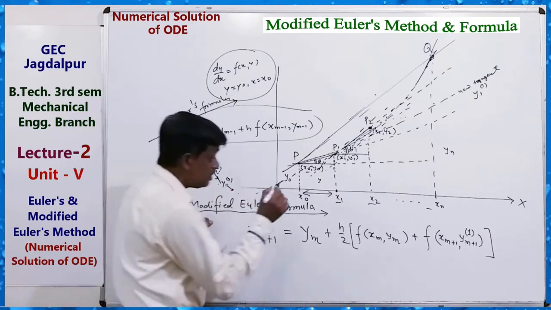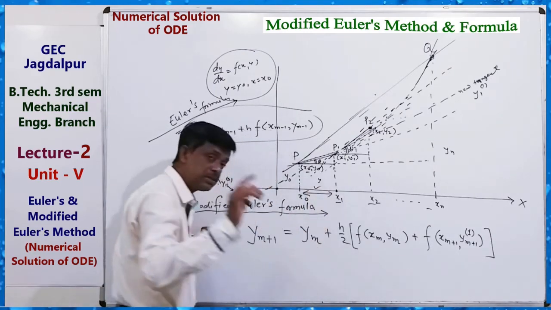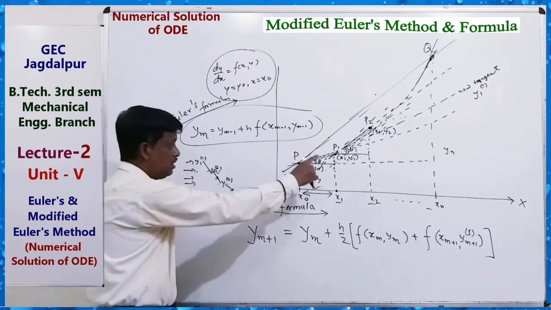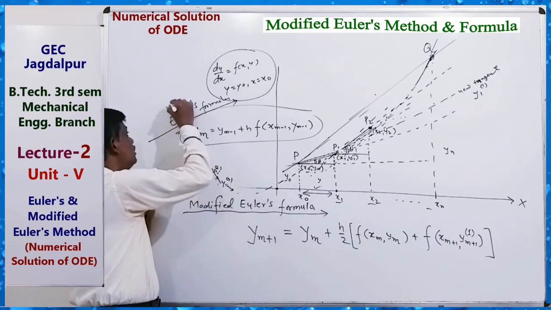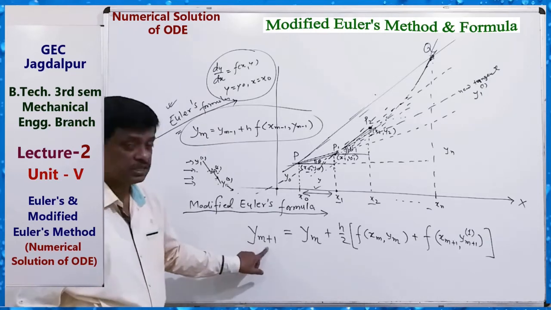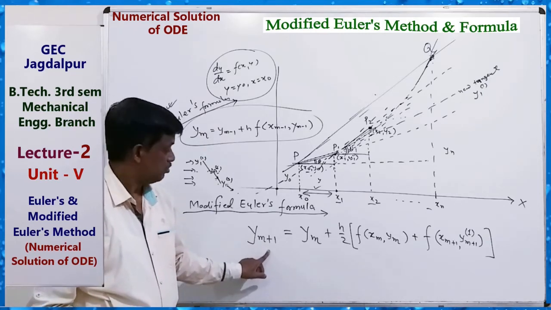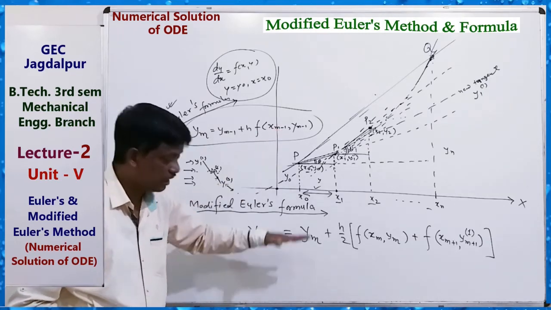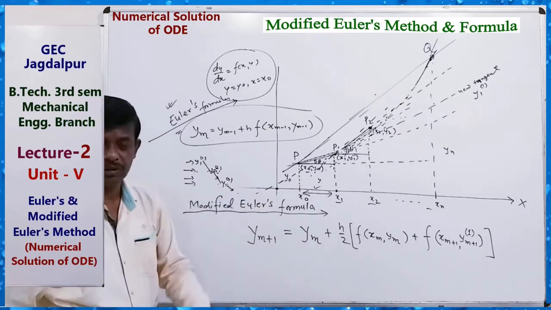So for each interval, the first approximation of y we find from Euler's formula, and then using this formula we find the second approximation, third approximation, fourth approximation.